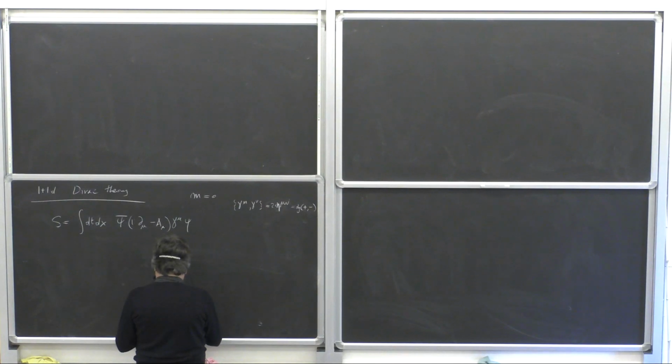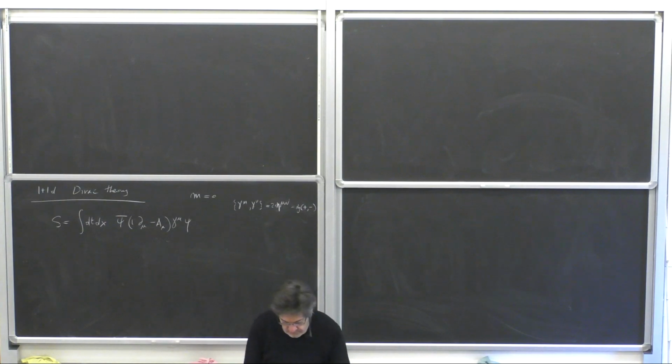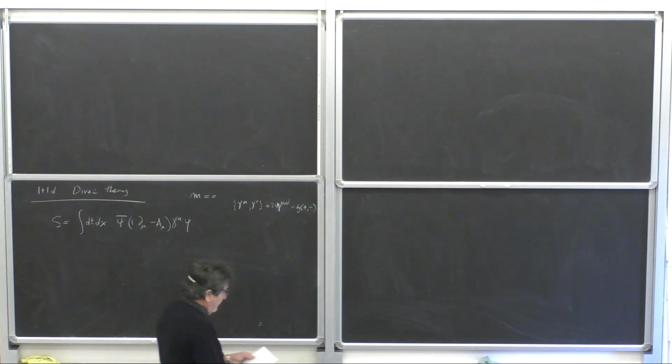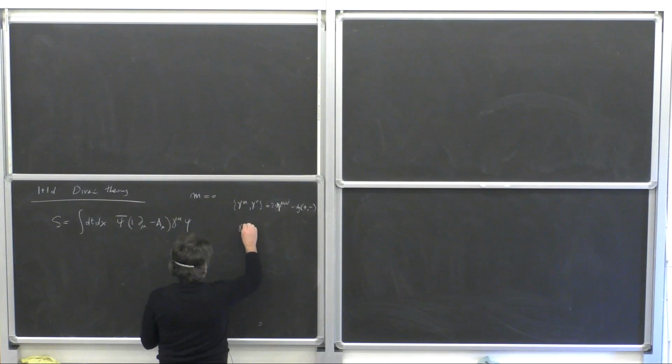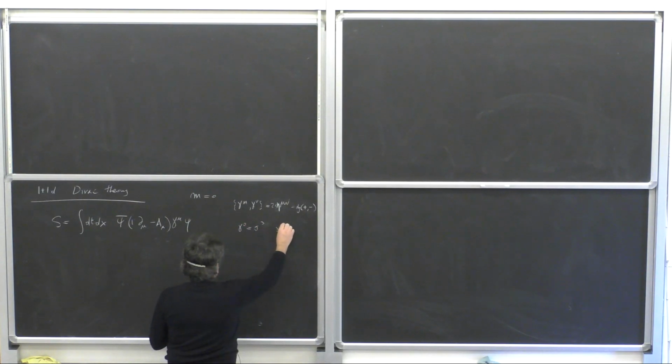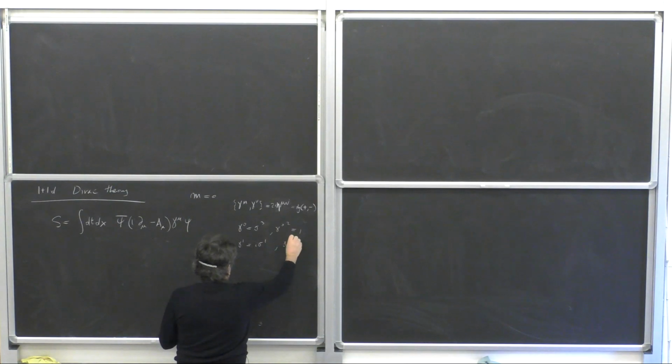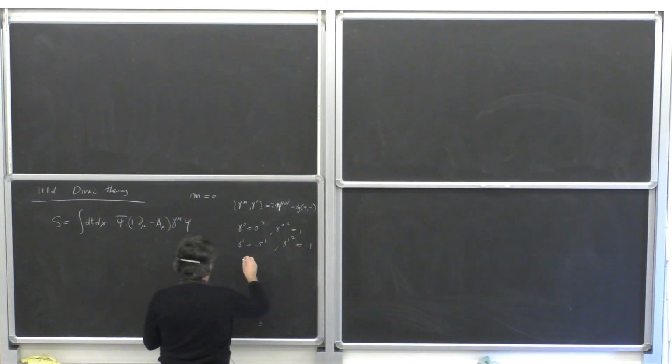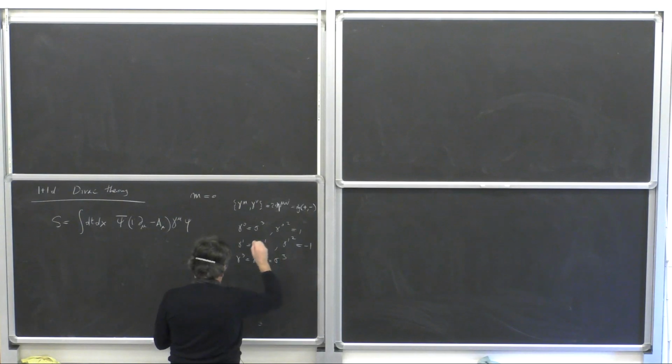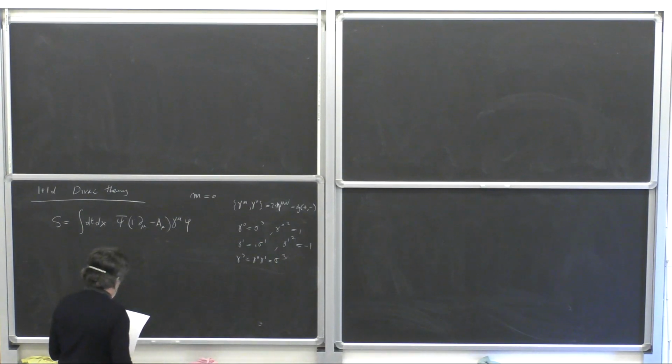I can write them in terms of Pauli matrices. So I have gamma 0 equal to sigma 3, which makes gamma 0 squared equal to 1, and gamma 1 equal to i sigma 1, which makes gamma 1 squared equal to minus 1. And I also define gamma 3, which is gamma 0 gamma 1, which is sigma 3.